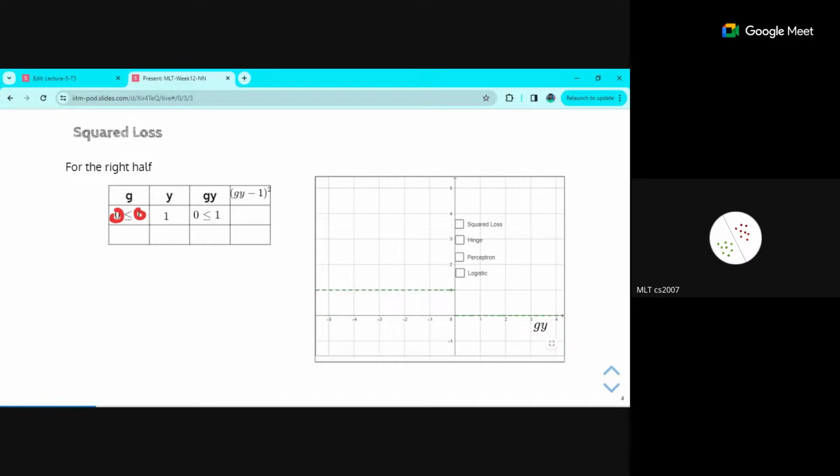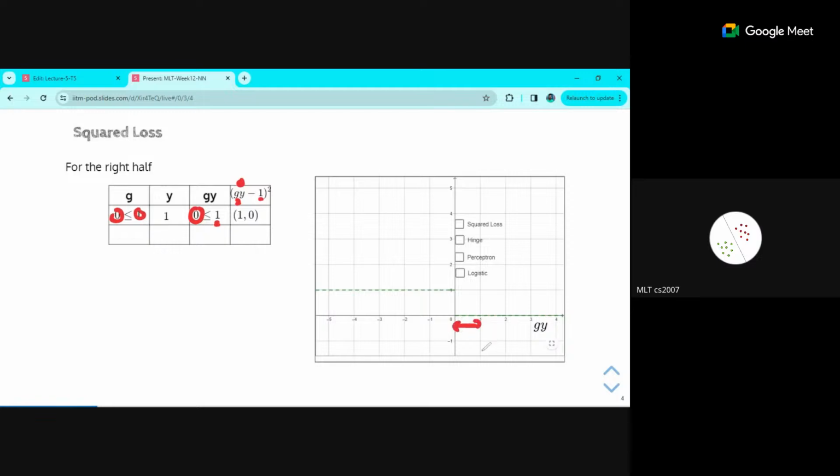If you plug in these extreme values, say my W transpose X is 0, then you will get the loss value as 1. If my W transpose X is 1, then you will get loss value as 0. So your loss will be within the interval 0 to 1.